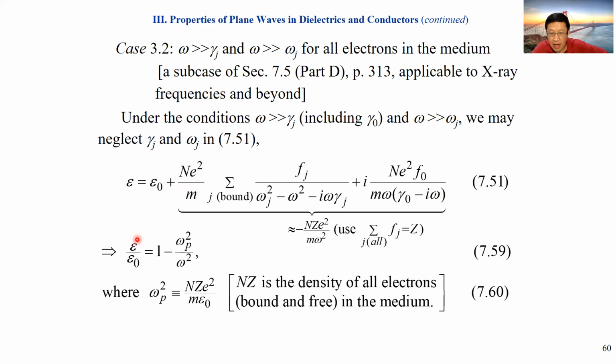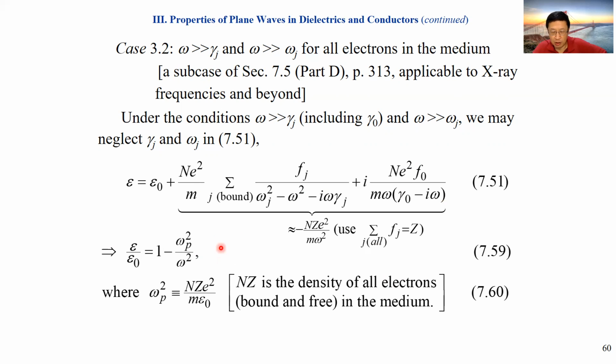So epsilon divided by epsilon 0 is 1 minus omega p squared over omega squared. That will be less than 1. So for plasma, this term will be less than 1. Interesting.